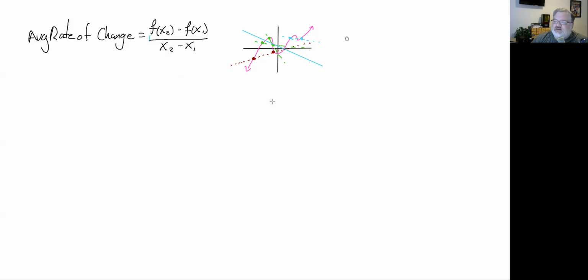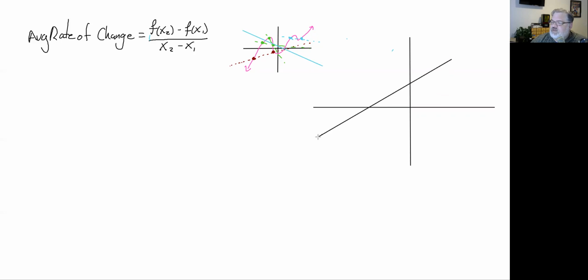So if we gave ourselves a nice big graph with a nice line on it, and say we knew some points on this line.